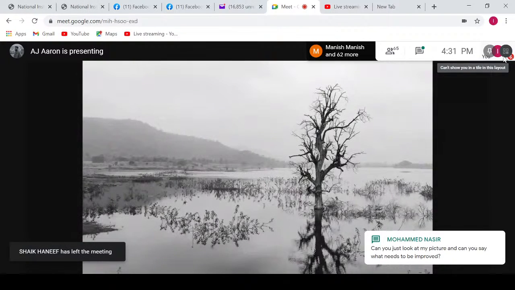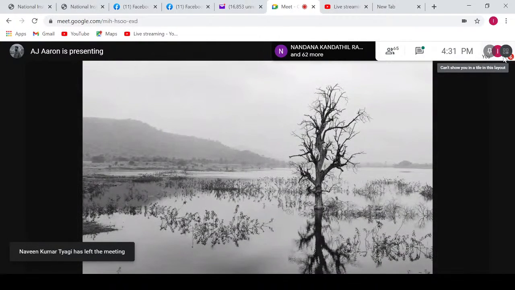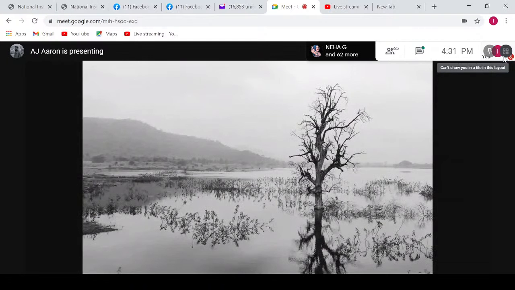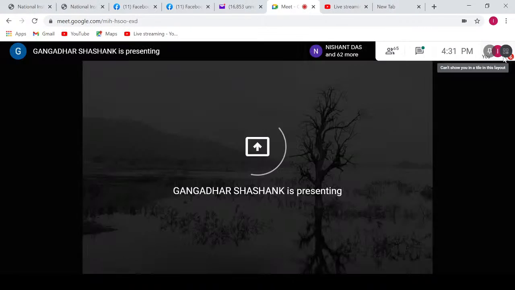Shashank says, can I share the screen to show that image? Yeah, Shashank, go ahead. Share your screen and show me. Nasir, after Shashank, you show me your image.